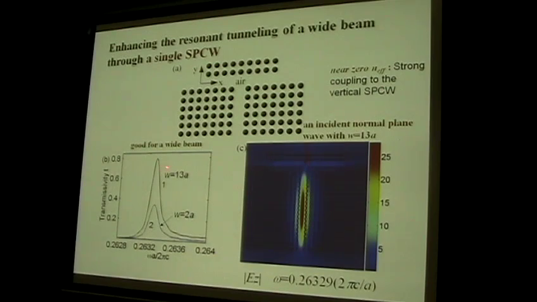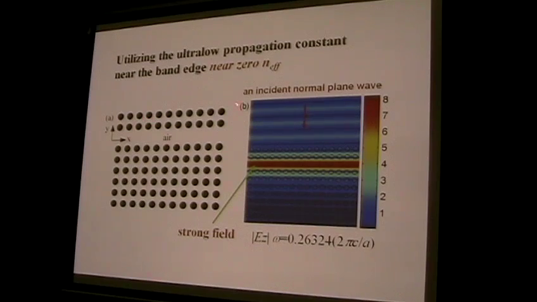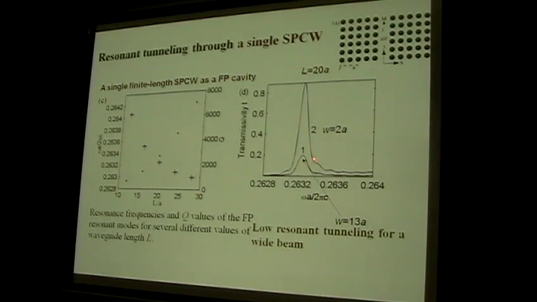So you see here the transmission coefficient for this wide spot size 13A, as we started in the earlier case. Now it reaches about 80% of the energy going through. When I compare to the early case without this harvesting structure, this 13A spot size can only give you about 20% transmission, pretty low.